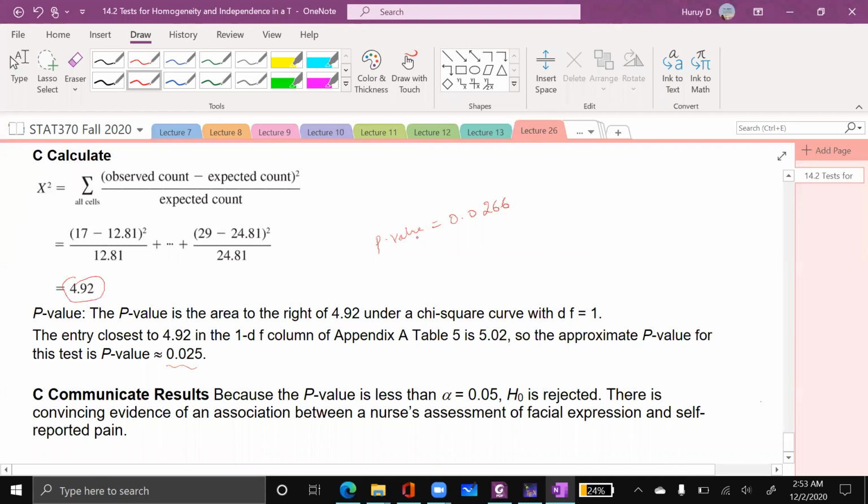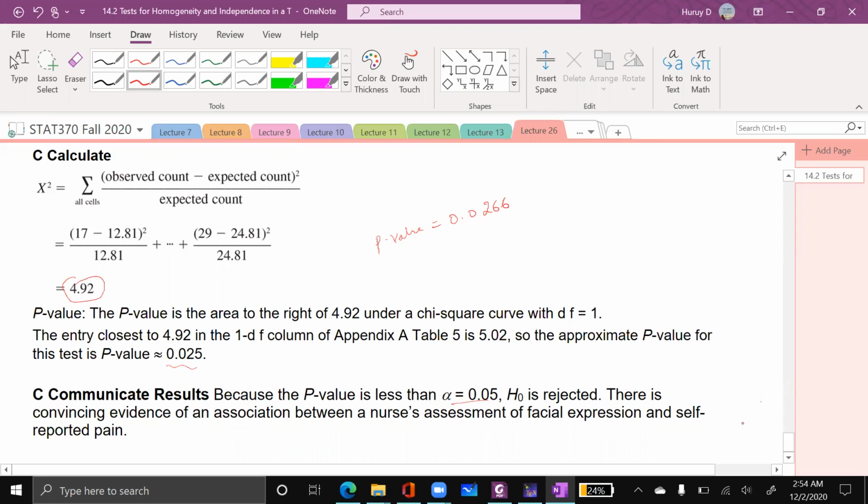And the decision will be the same. Because the p-value is less than alpha, whether you take this one or this one, it's still smaller than alpha, so we reject H0.